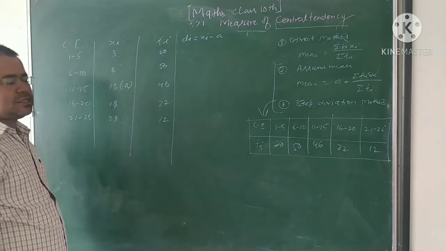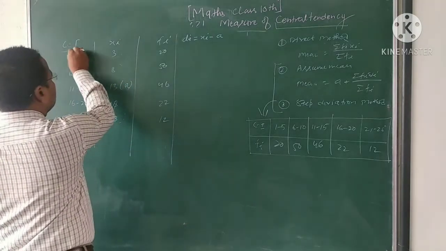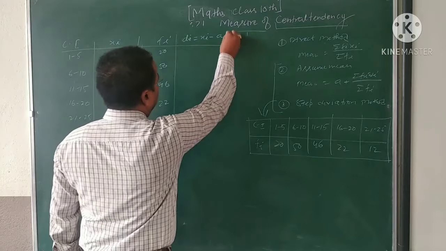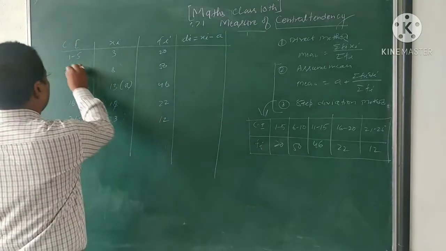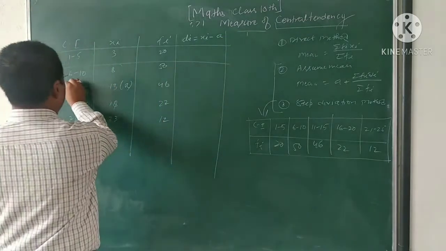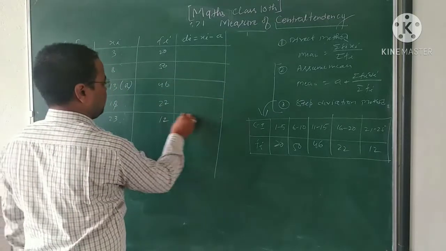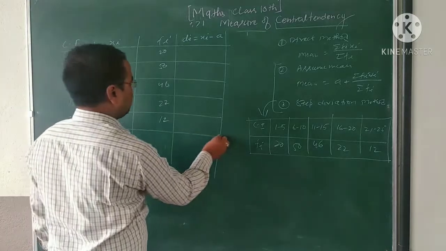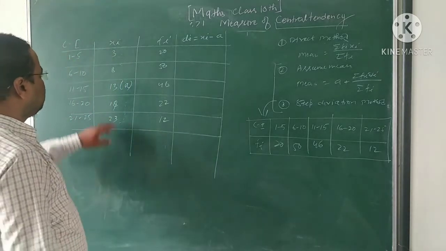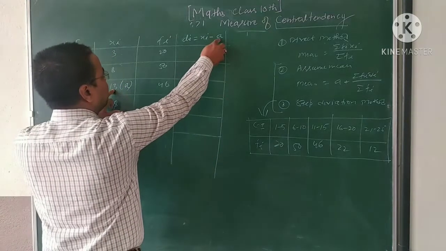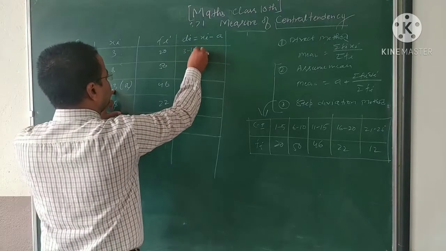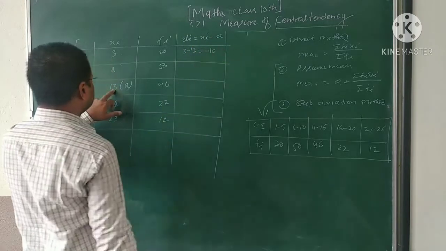Assume we will take it now from xi. Then how do we find it? Okay, then it will be xi minus 13, means 3 minus 13 is equal to minus 10.